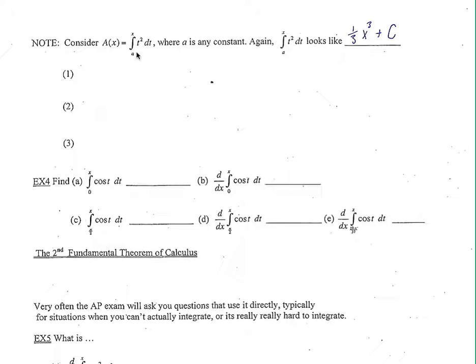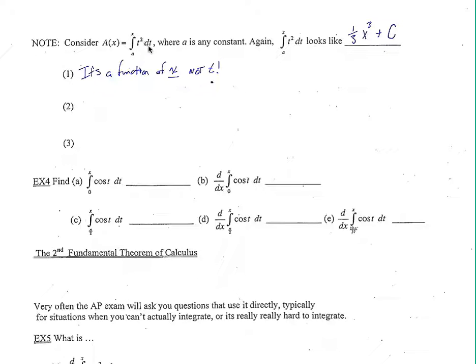So three things to note about this. Thing number one is that when we're looking for this integral, we could say that it is a function of x, not t.